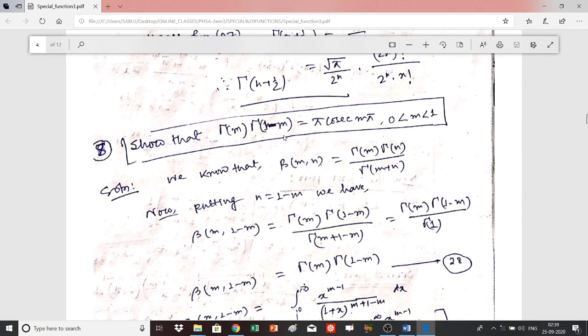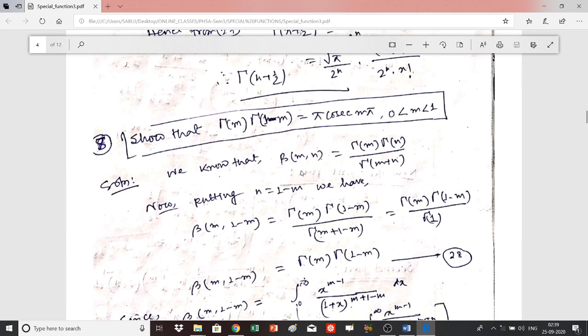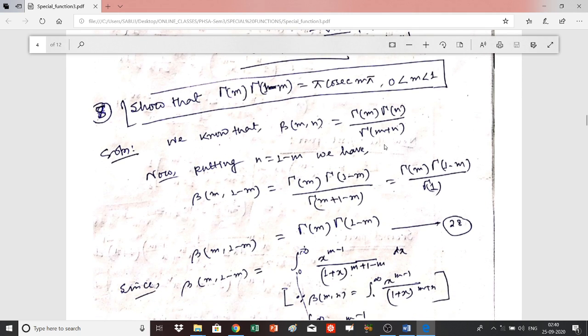So now to do this we have to recall the beta function of m and n, that can be written in terms of the gamma function as beta m n is equal to gamma m and gamma n by gamma m plus n. So now just substitute or replace this n by 1 minus m in this expression.